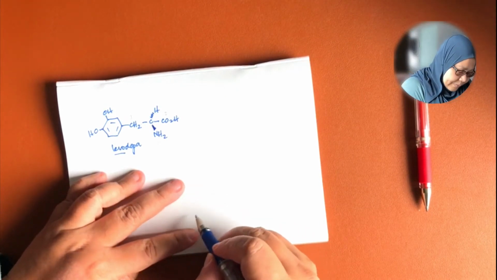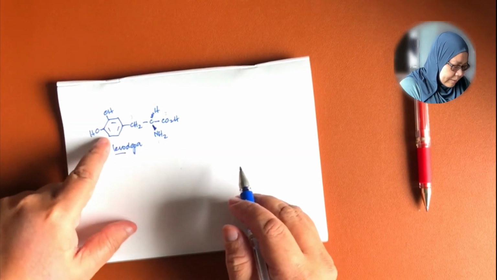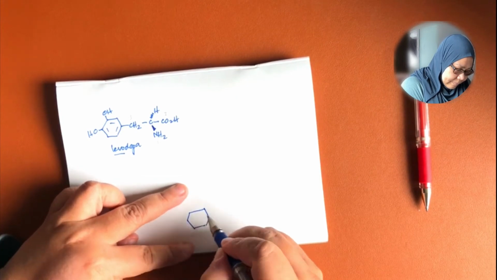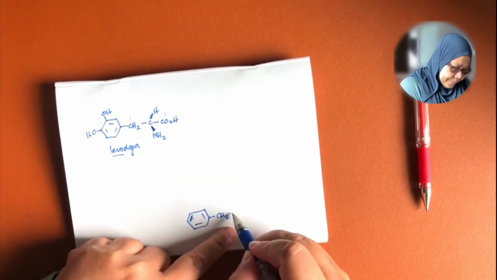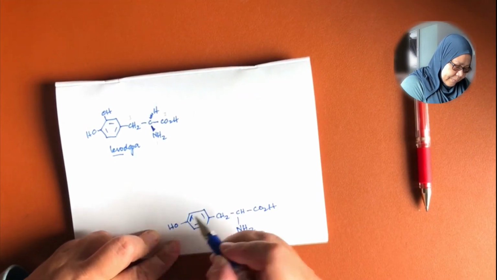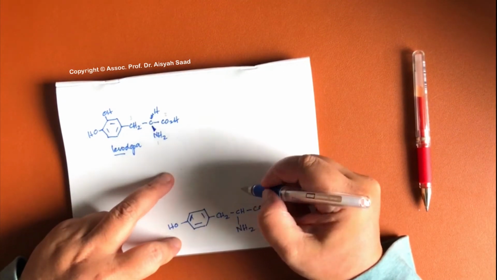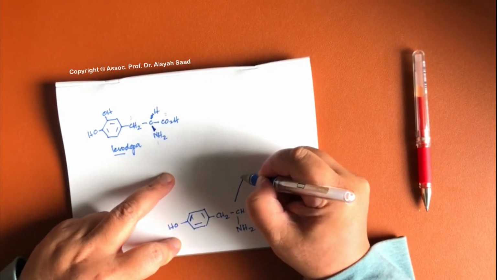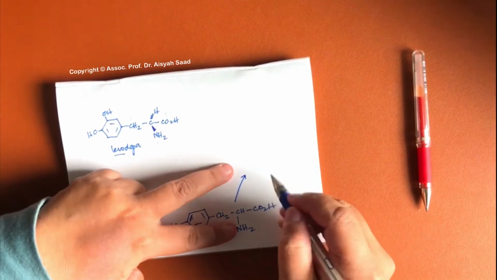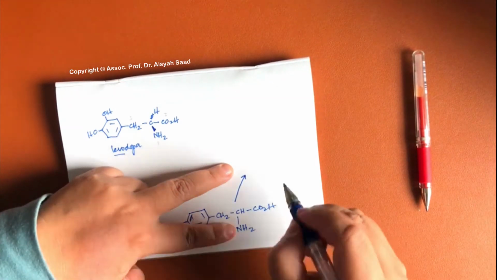So what we have is a very simple amino acid: CH2, CH, carboxylic acid, and you have the amino group. And here you have the OH group. All right. In the first step, this is a Friedel-Crafts acylation.